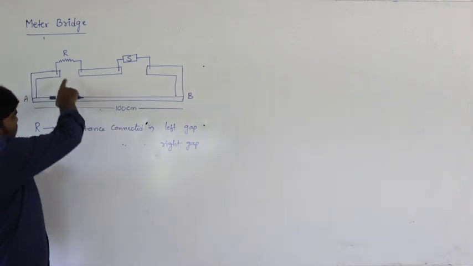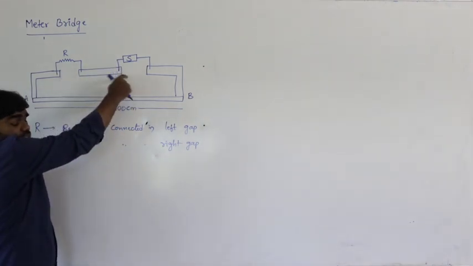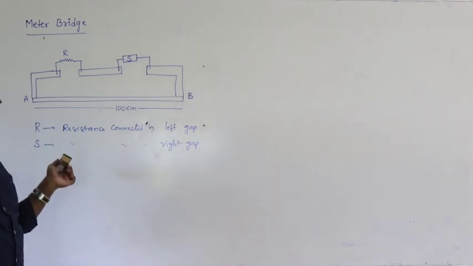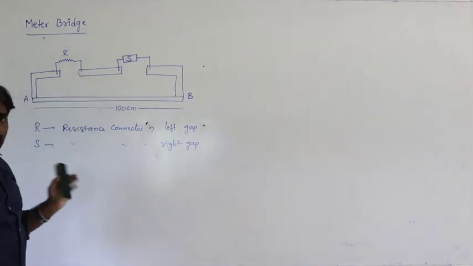So, if R is unknown, S must be known, any one of these two. We can compare these two. How can we compare these two?